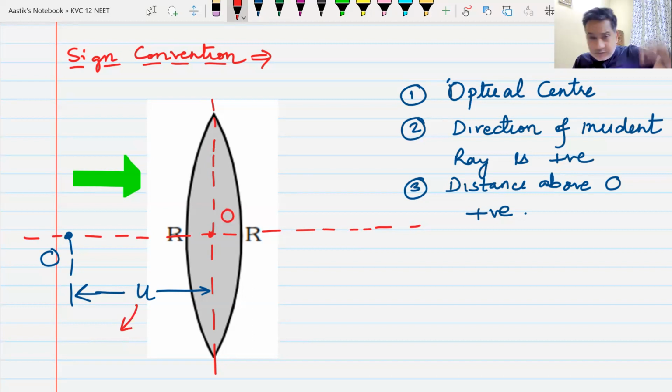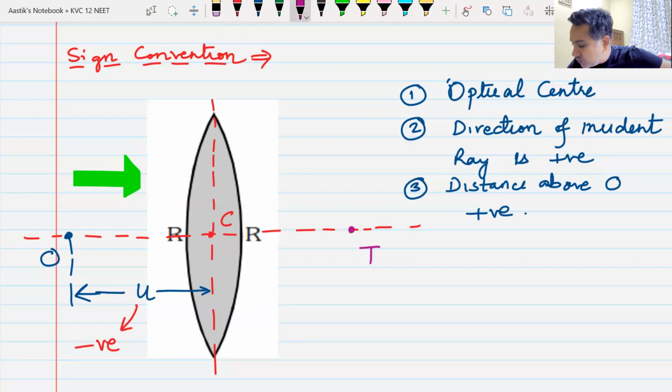Why is it negative? Object O is here, optical center is here. Both are called O, so let me name this as C, the center, so that it looks different. Optical center is here, the object is O, light is coming in this direction and I'm measuring distance in this direction. So u will turn out to be negative. Do we understand this? Yes, sir.